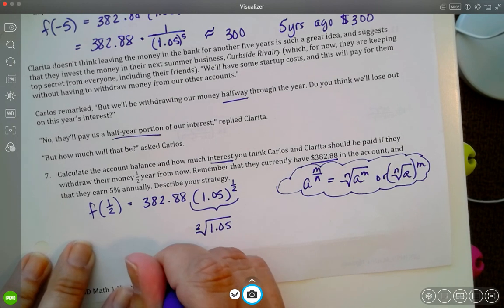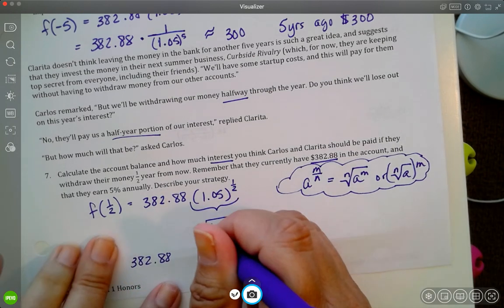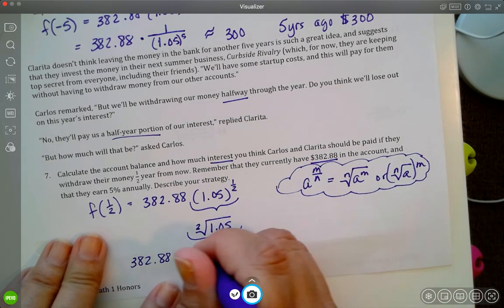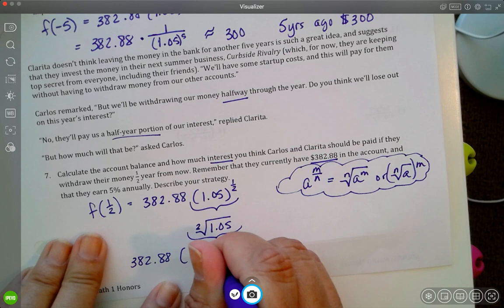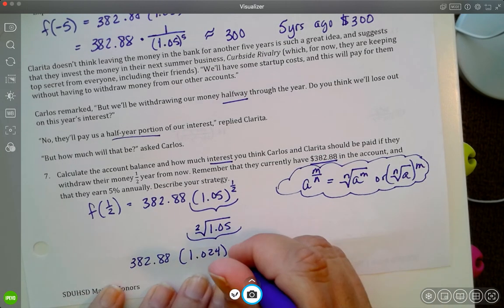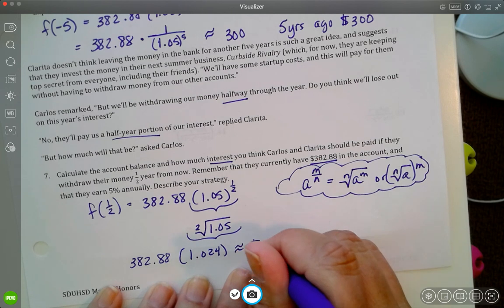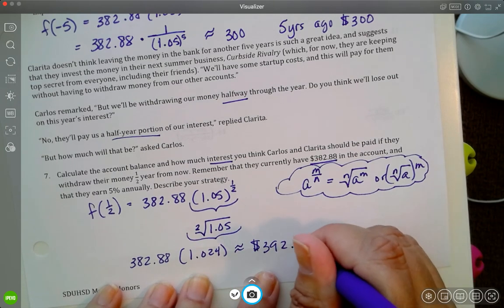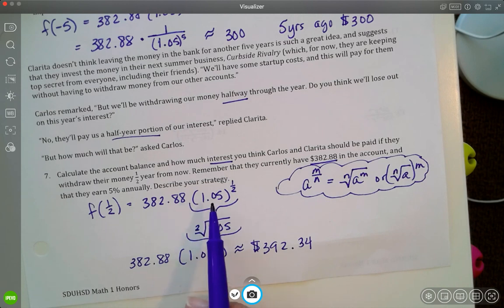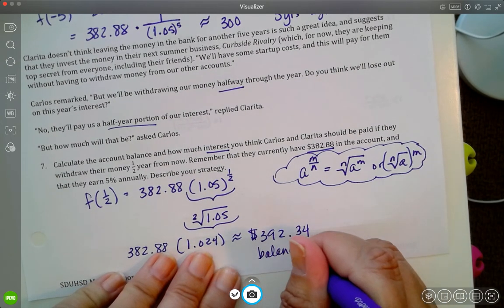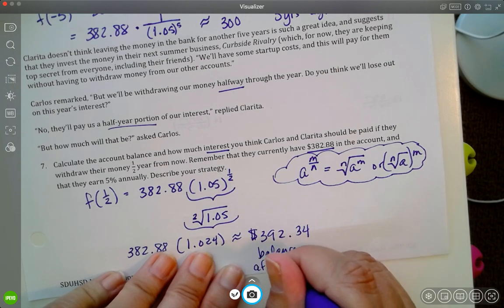All right, so we're going to do 382.88. And then I found the square root of 1.05 is about 1.024. And so this is about $392.34. But remember, it just asked for their interest. So this would be the balance after half a year.